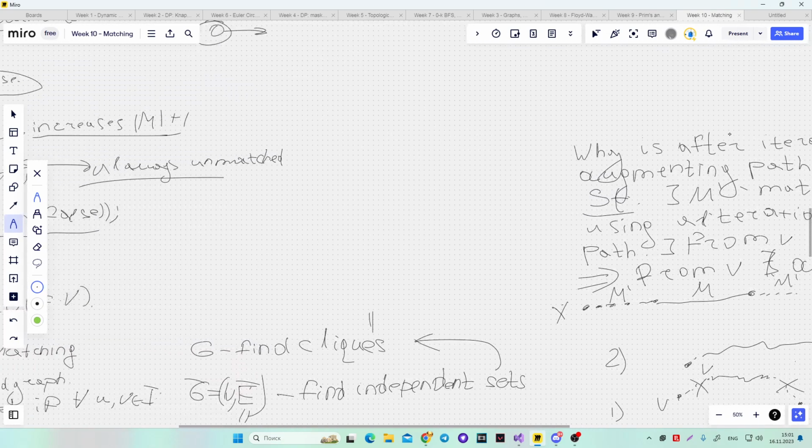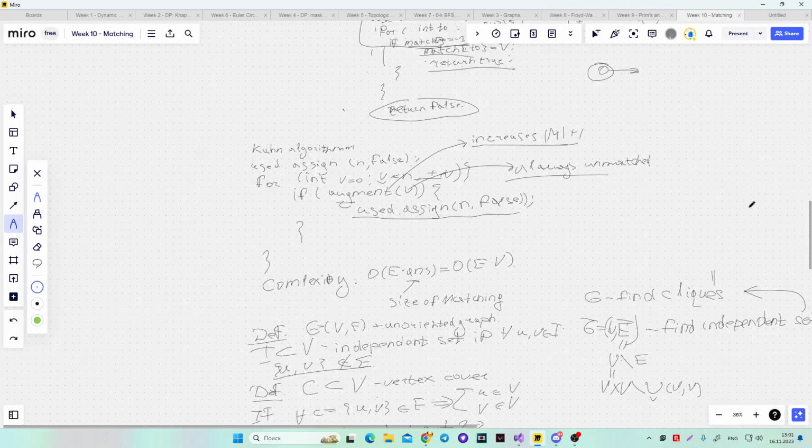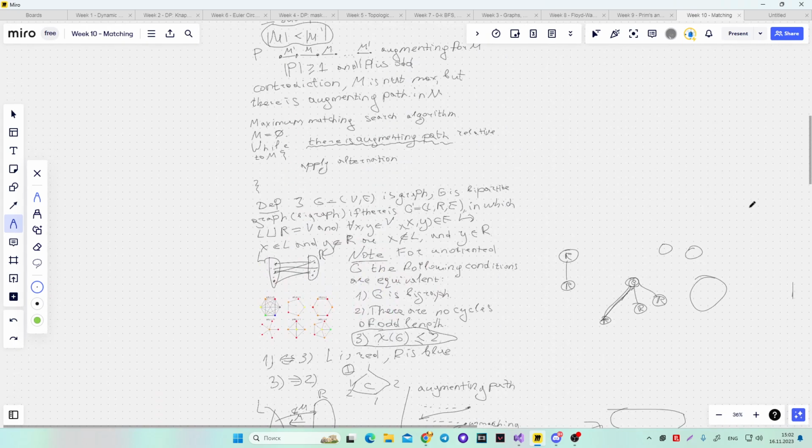Okay, we considered how to find maximum independent set and minimum vertex cover, and that's all about graphs.